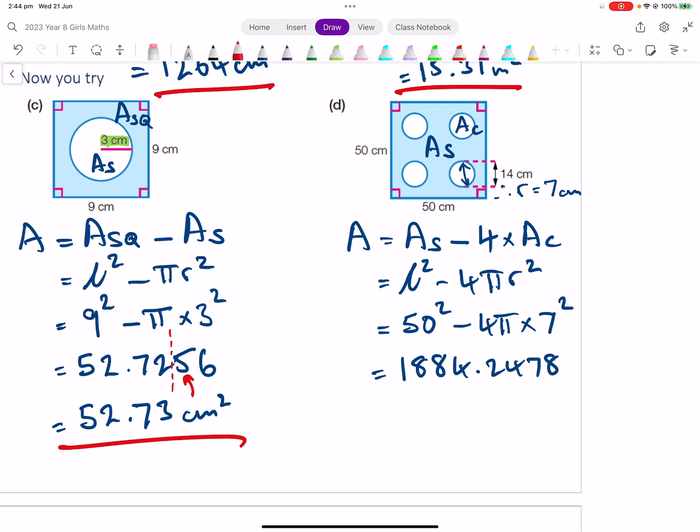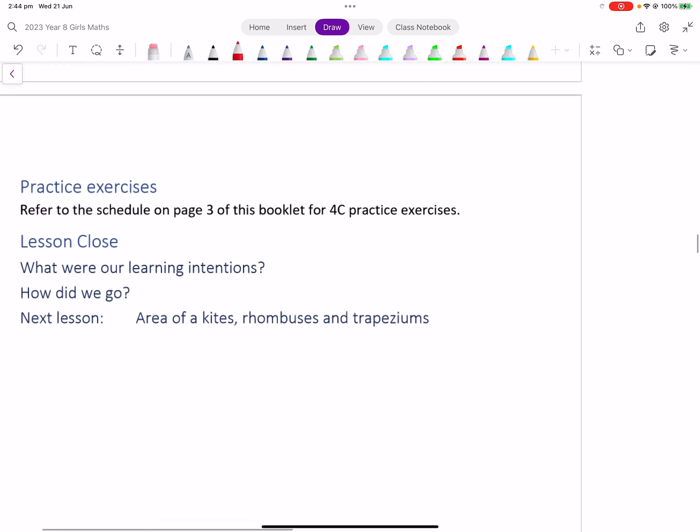All right, let's check our decimal places, and we're going to do 2 decimal places again. Oh, look at this one. The critical digit is 5 or more, so we're going to round up. Equals 1884.25 centimeters squared. Hope you went well with that one.